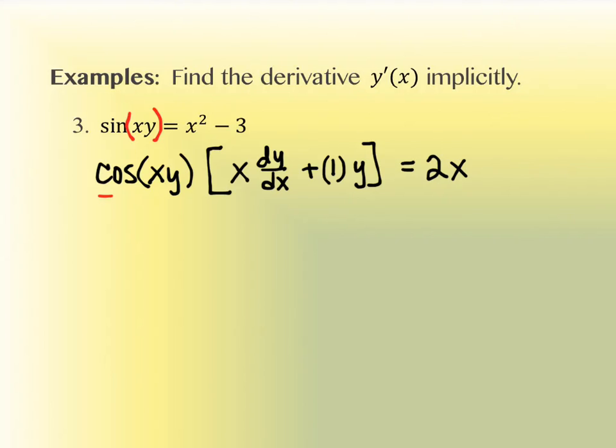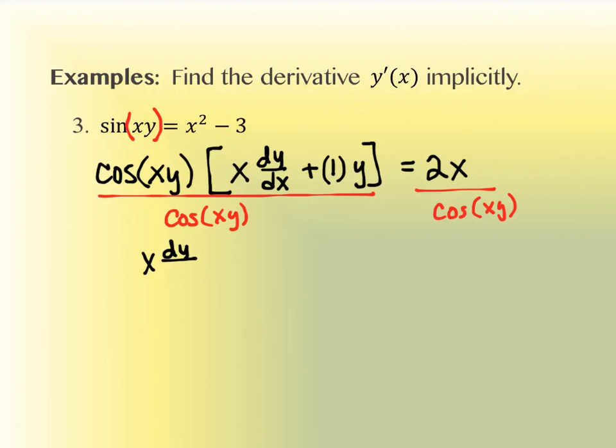Divide. Okay, so if we divide, the answer will look slightly different either way. It won't be different answers. It'll just look like a different form, just so that you're aware. So here's my cosine xy. So now I've actually got x dy dx plus y equals 2x over cosine xy.